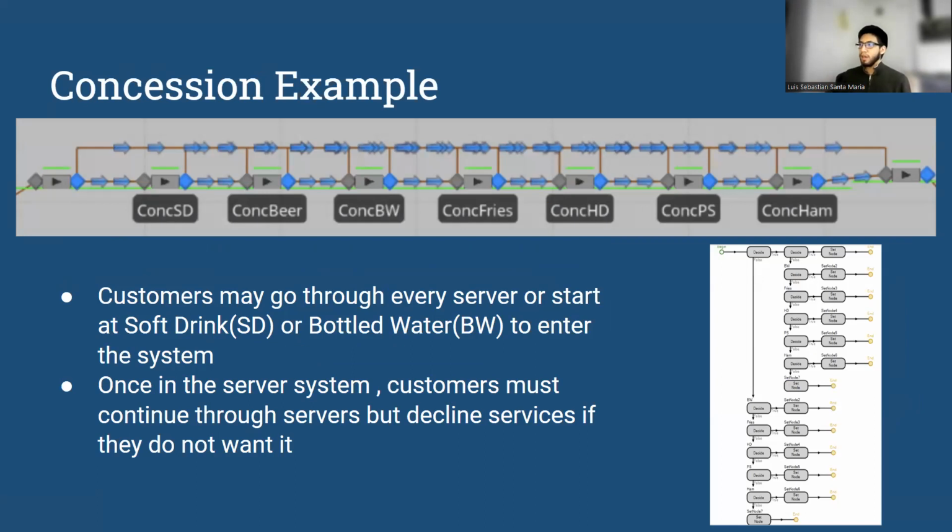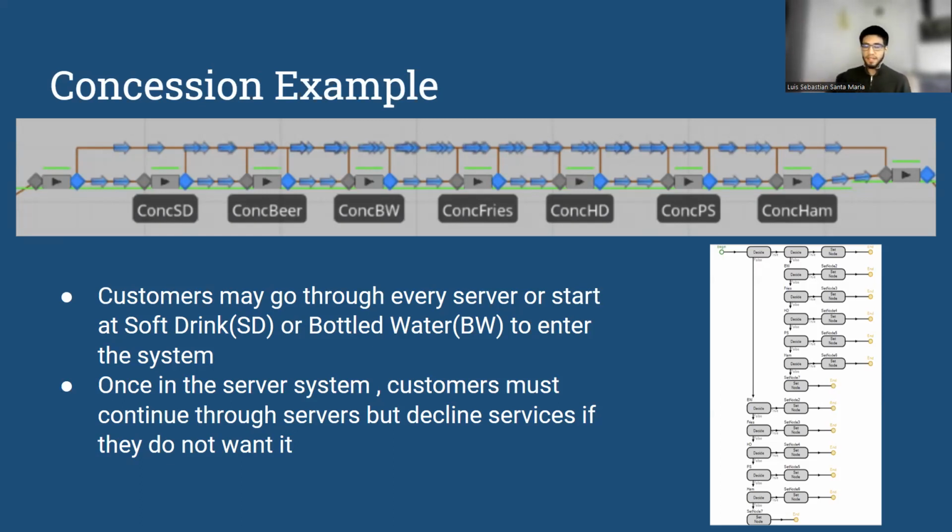In this case, we have soft drinks, beers, bottled water, fries, hot dogs, pizza slices, and hamburgers. They all have a probability, starting from when they get out of their seats, to go to any of them. And each time they go from soft drinks, they will again go through the logic of deciding, okay, will I go to bottled water or would I go straight to hamburgers?